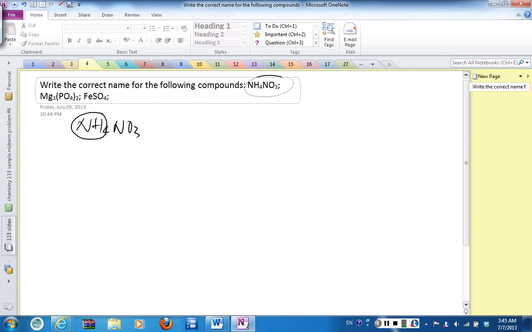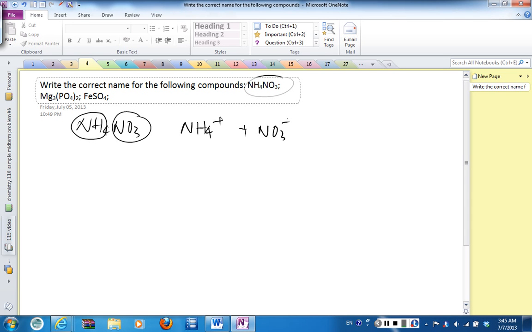If it's a molecular compound, then these two nitrogens probably need to be put together. Individually, when we see these two things, we know they're ions: ammonium ion, NH4+, and nitrate ion, NO3-.